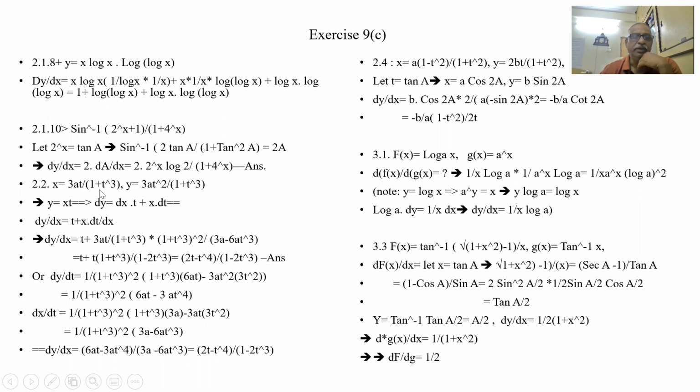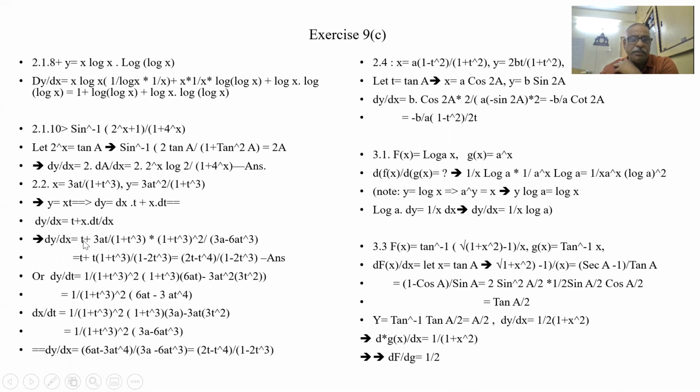So u by v: 1 by 1 plus t cubed whole square into 1 plus t cubed into 3a minus 3at into 3t square. So dt by dx, this whole thing goes to the other side, that is 1 plus t cubed whole square by 3a minus 6at cubed.